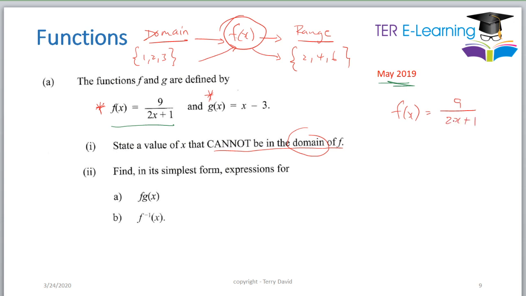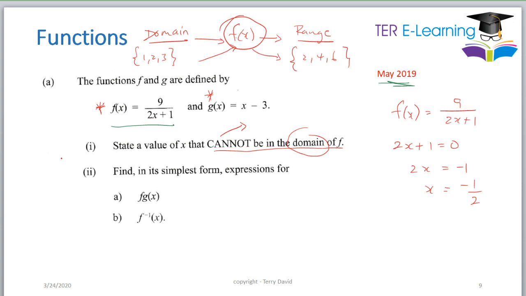So what they're really trying to ask you is what value of x makes the function undefined. So we need to put the denominator equal to 0. So we need to put this 2x plus 1 equal to 0. So therefore 2x is equal to minus 1, and therefore x is equal to minus a half.